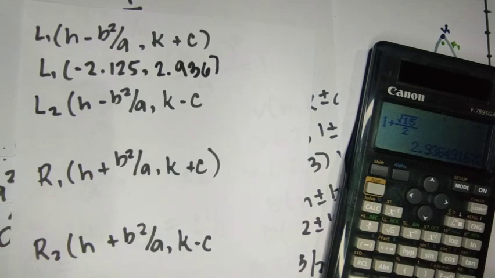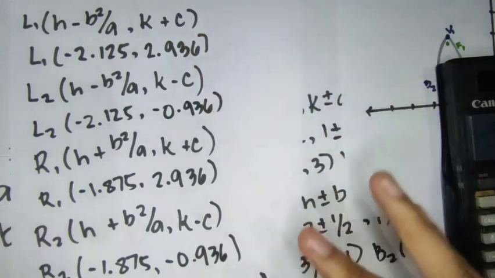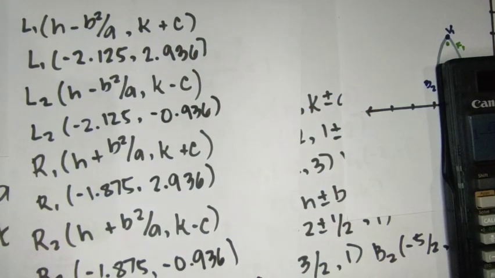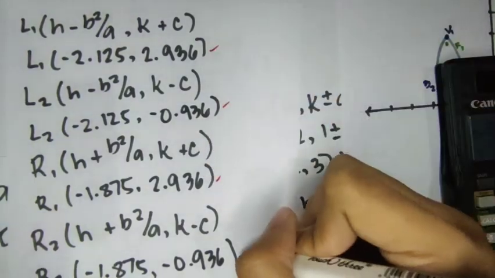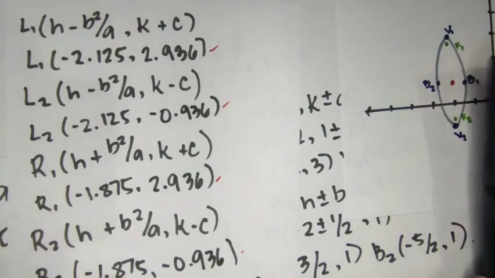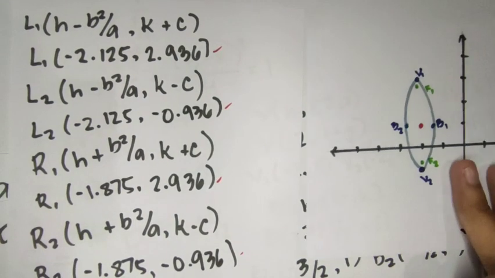You can derive this: L sub 1 is negative 2.125, comma, 2.936. And then just answer the 3 other equations. Here you get L2, R1, and R sub 2.